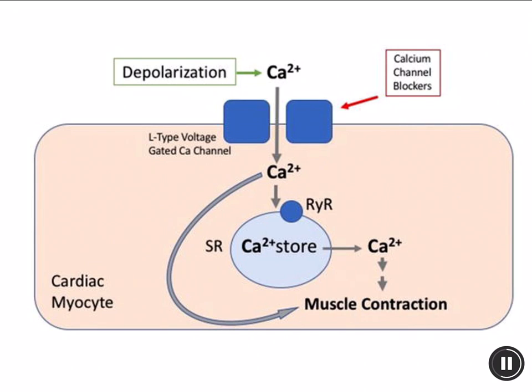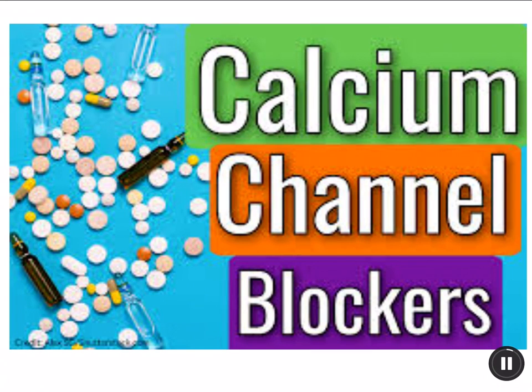In pharmacological science, calcium channel blockers are a group of drugs that block this channel and then lead to relaxation of the muscle. One of the subjects for the seminar is calcium channel blockers. It is very important in the treatment of cardiovascular disease.